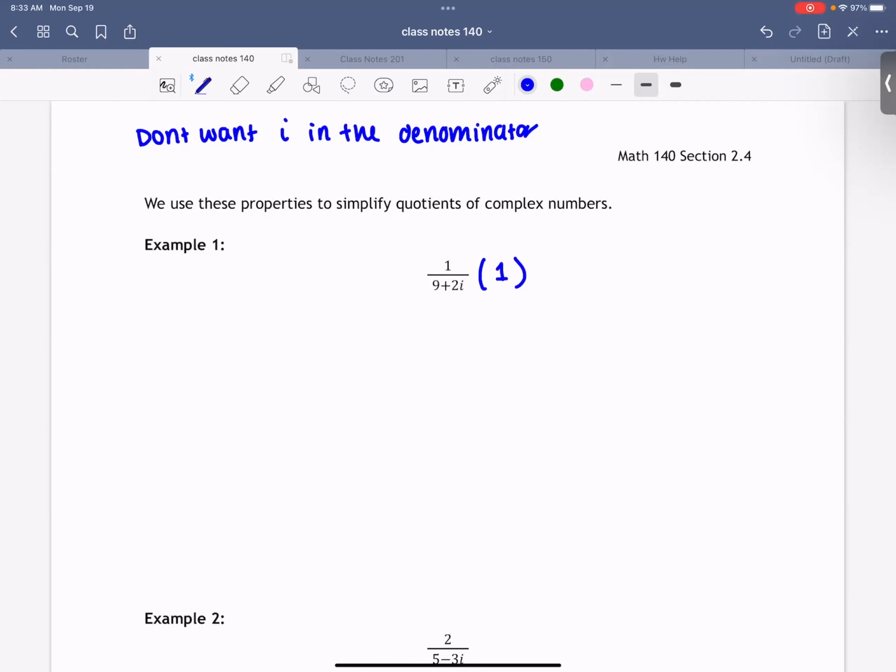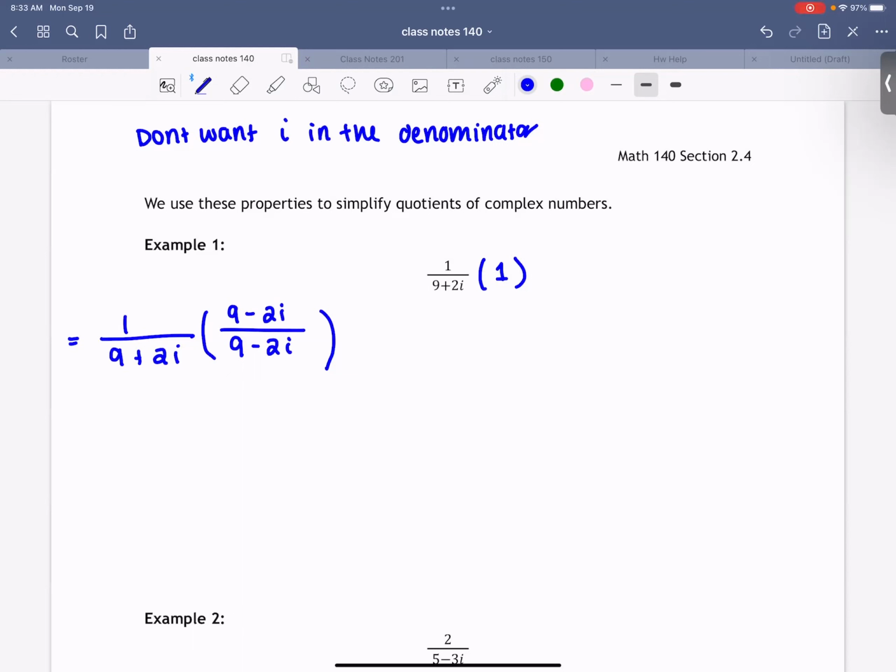Now let's make it more complicated. Instead of writing 1, I'm going to write a different version of 1, but it still is 1. It's going to be the complex conjugate of the denominator over itself. What's the complex conjugate of 9 plus 2i? Good, 9 minus 2i. So instead of writing 1, I'm going to write a glorified version of 1, which is just 9 minus 2i over itself.